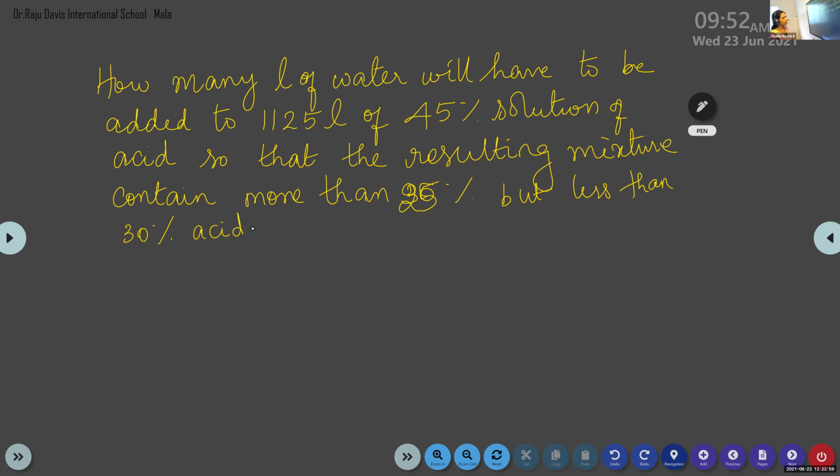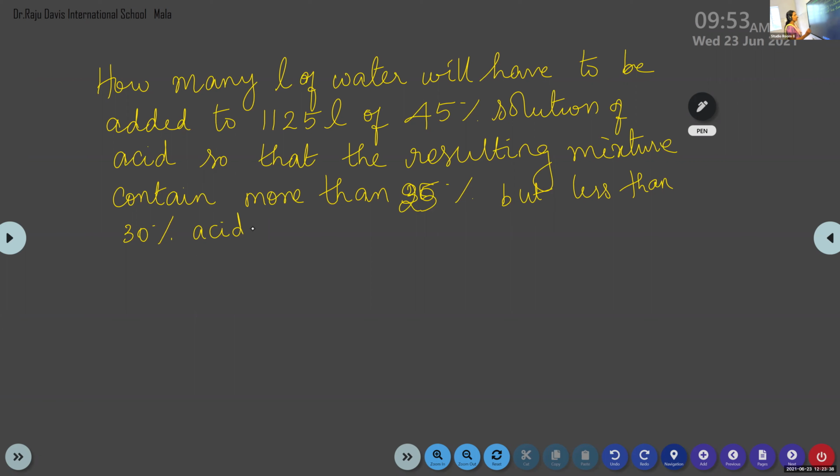We have to add water to it so that the resulting mixture should contain more than 25% but less than 30% acid. How to do this one?